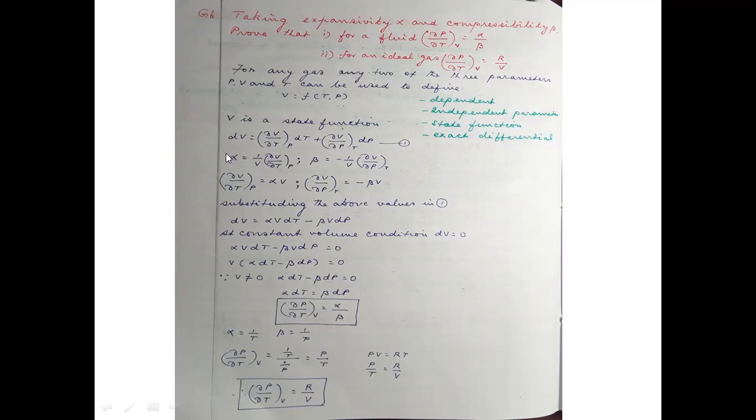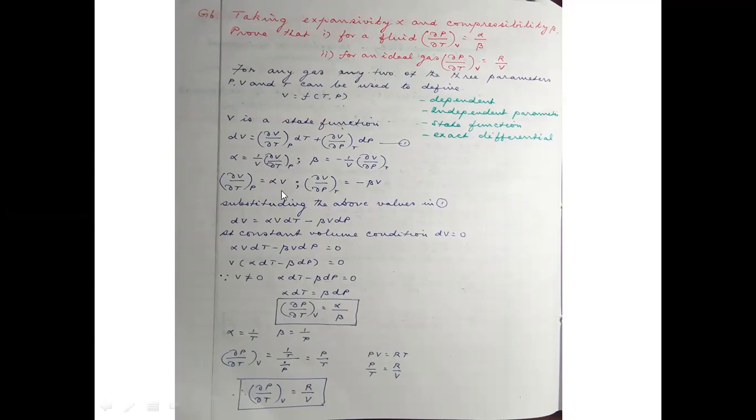But alpha, that is the expansivity, is equal to 1 by V ∂V/∂T at a constant pressure. And also the compressibility beta is equal to minus 1 by V ∂V/∂P at a constant temperature. Here you have to understand one particular thing. The expansion of the gas is done at a constant pressure, but compression is done at a constant temperature, which is an isothermal process.